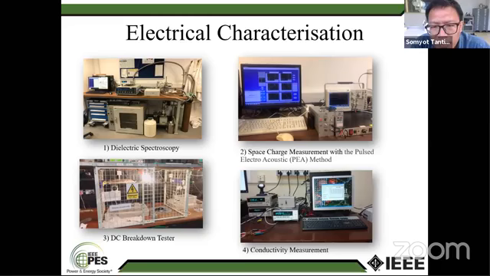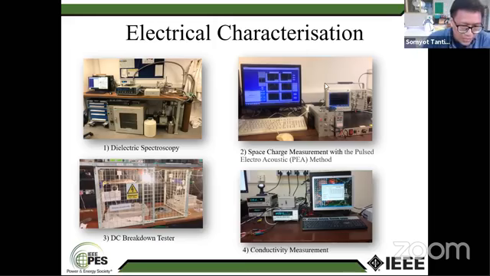And the second is spatial charge measurement with the pulse electroacoustic method, we call the PEA method. This equipment is used to locate the charge accumulation and the charge transport inside the polyethylene. We can locate the charge accumulation before the PD occurs, because this is charge accumulated during the initiation stage of aging.